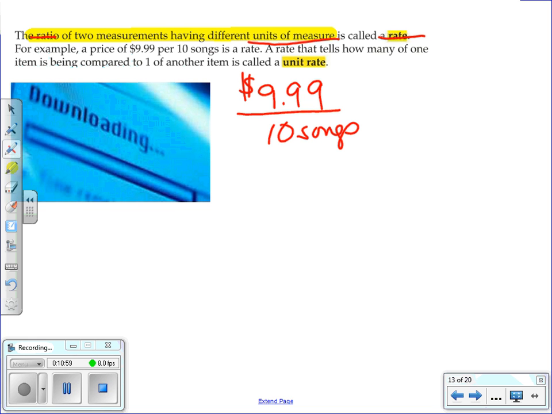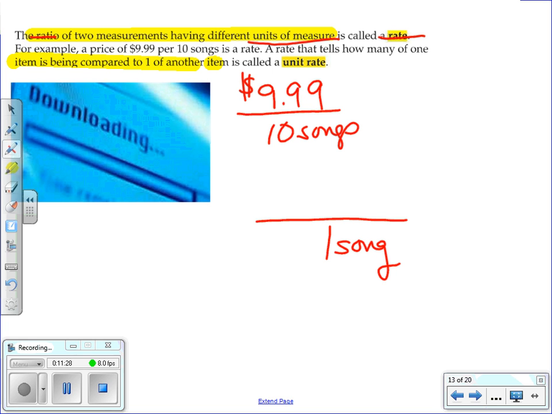All right? A unit rate. In a unit rate, the item is being compared to one of the items. So for instance, if we said that we wanted to find out what the unit rate of that is, it would be how much does one song cost, right?